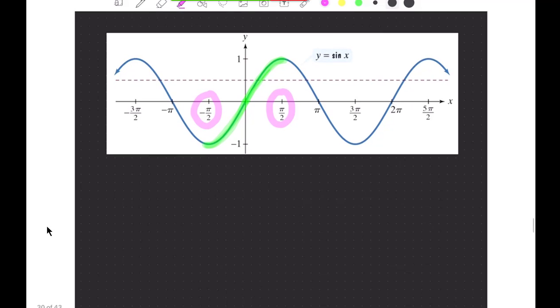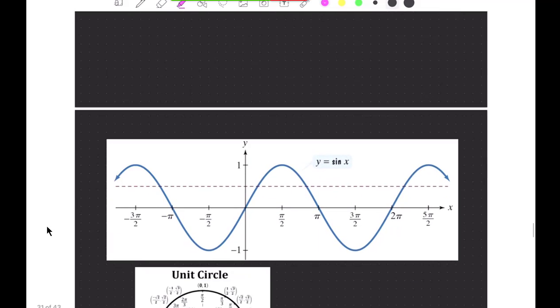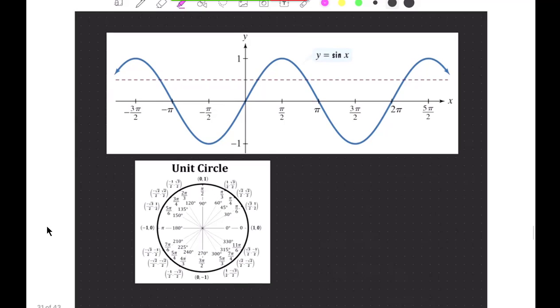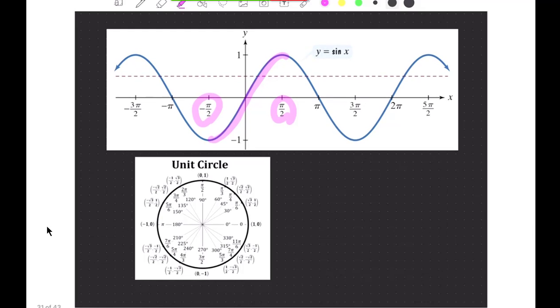So if we look at our unit circle on that one, we're going from pi over 2 to negative pi over 2. So these are the values that I want to look at. If I look at my little fancy unit circle, and I know it's kind of small up here, we're just going to think visually, right?